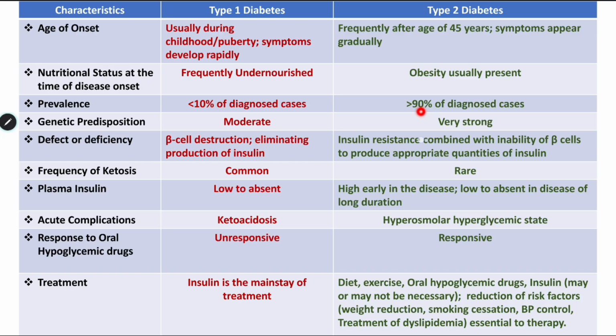Type 2 diabetes accounts for more than 90%. An interesting thing I need to tell you is that the Japanese sumos, who are so fat, don't have diabetes. If you do their lipid profile, it will mostly come out normal because most of their fat is subcutaneous fat, not visceral fat.